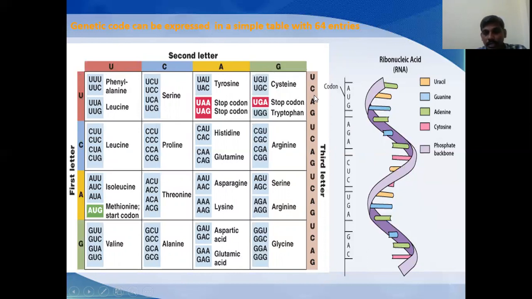And in the right side column, each block contains 4 nitrogen bases, UCAG like this. So we can write the combinations. U combines with U, we get triple U, that is one codon which recognizes phenylalanine. So UUC, UUA, UUG. In this way, 4 codons are formed in each square box.